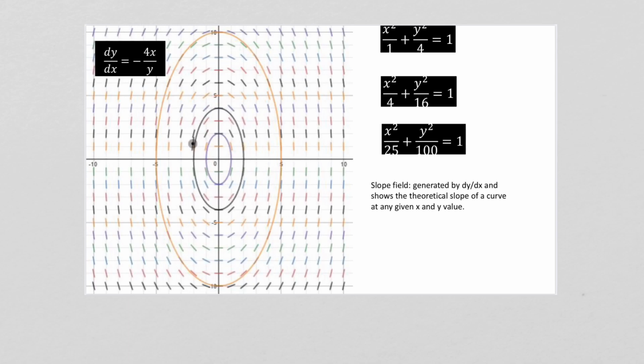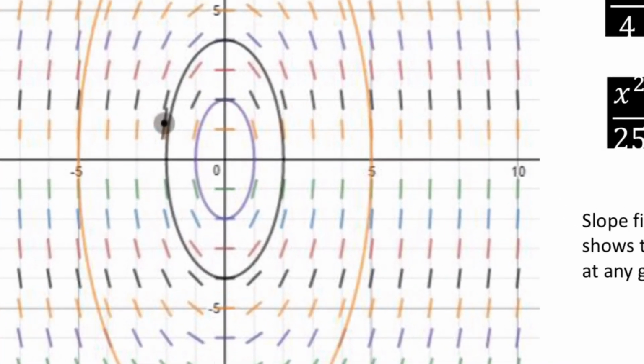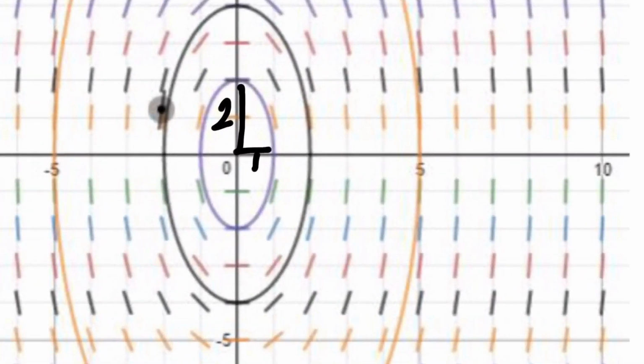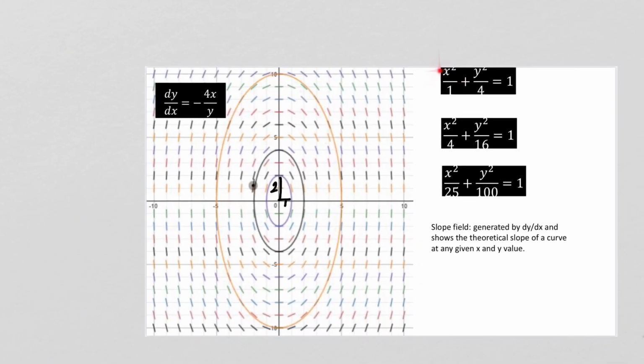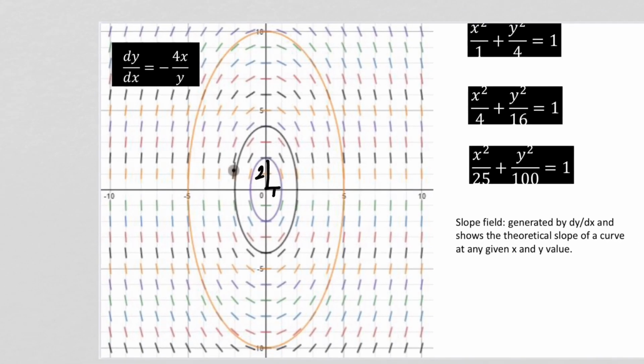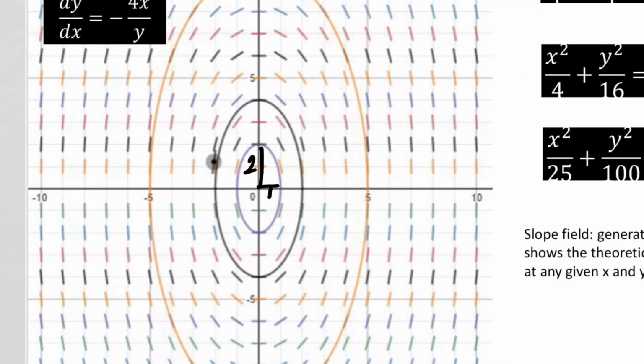So notice this ellipse has a semi-major axis of 2 and a semi-minor axis of 1. So the semi-major is twice the semi-minor. And that's the one that goes with this ellipse. Now this next one has a semi-major axis of 4 and a semi-minor axis of 2.